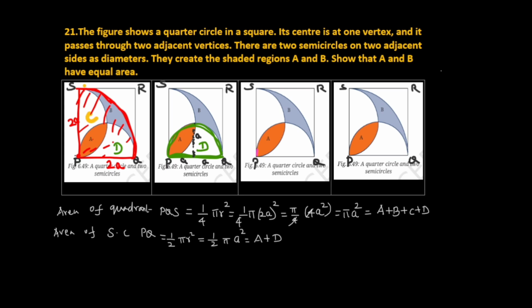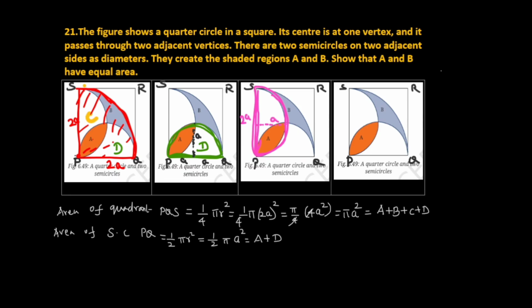And another semicircle based on the side PS. Look at PS, based on this we have one more semicircle. Here the semicircle's diameter is 2a, so that semicircle's radius is a.